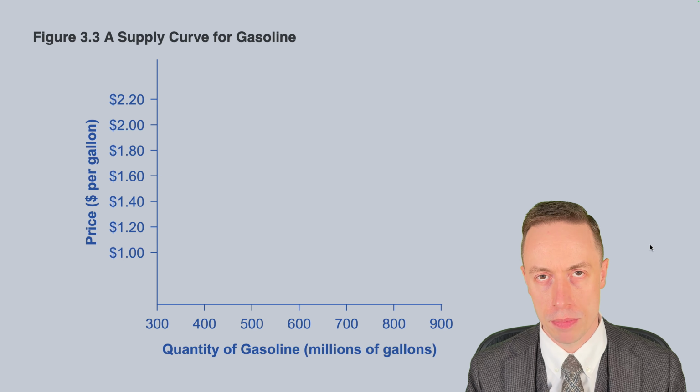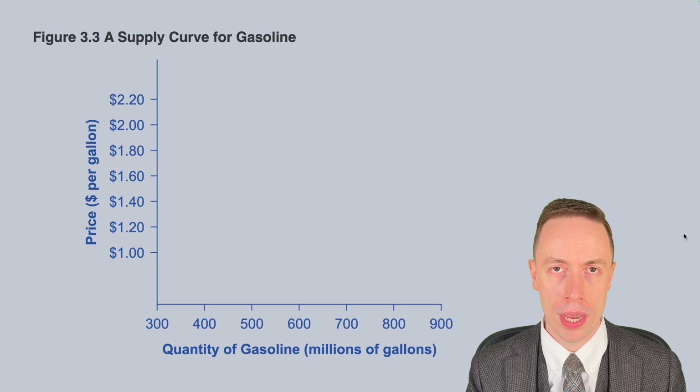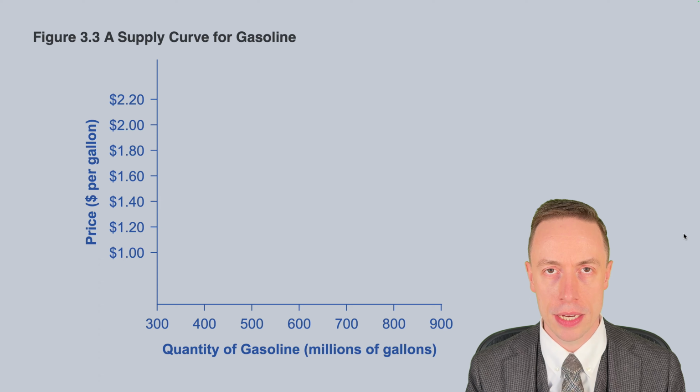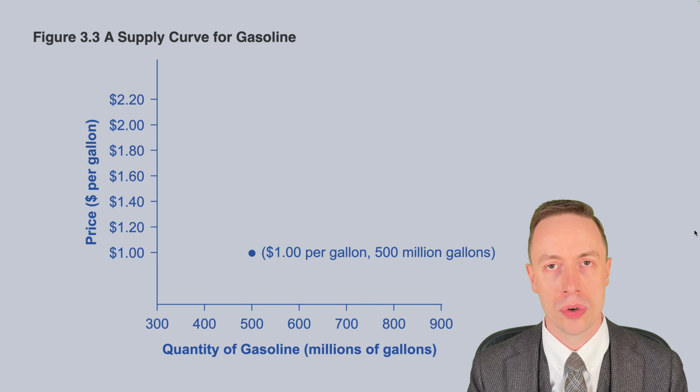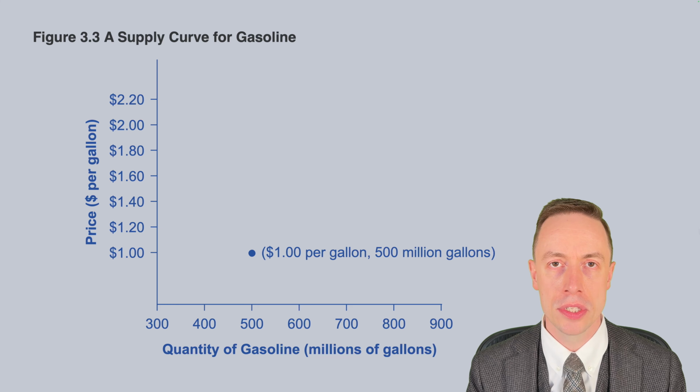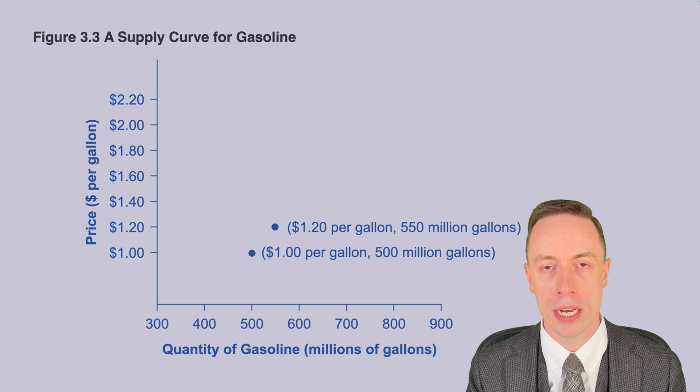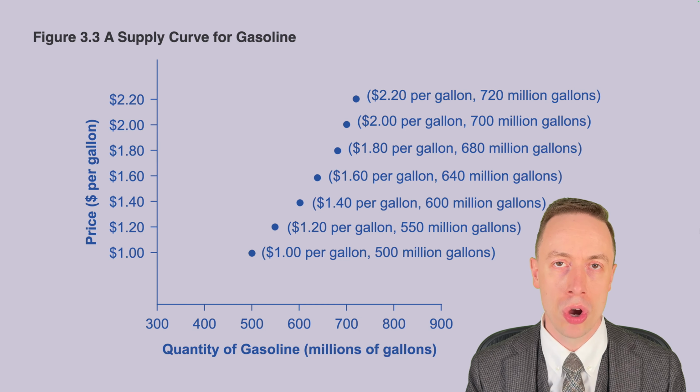Same coordinate system as before, price on the y-axis, quantity on the x-axis, and let's go ahead and draw in some dots. So here's our top row of the table, $1, 500 million gallons. Second row, higher price, higher quantity. And then if we draw in all 7 rows, we can represent that as 7 dots.